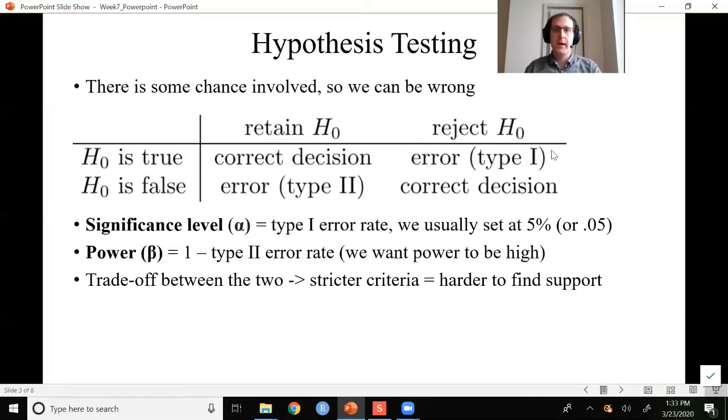You're saying, okay, it's going to be very unlikely that we would just get this chance finding that supports the idea that this intervention works. What ends up happening is that when you're decreasing that type 1 error, being more stringent, that can actually increase type 2 errors. So the harder it is to reach that level of significance, the less power you have in your study.